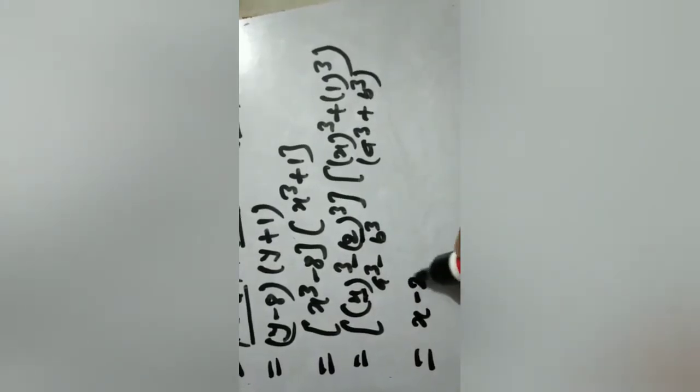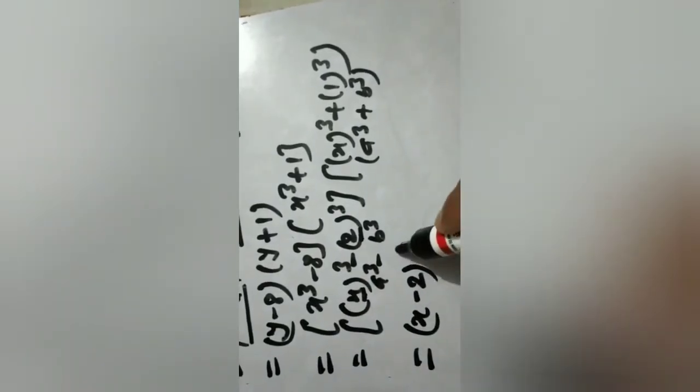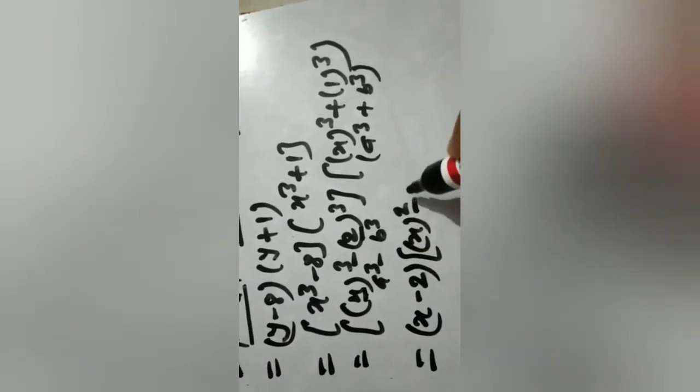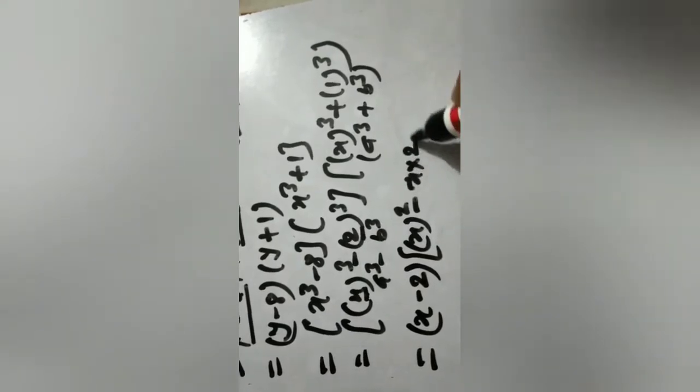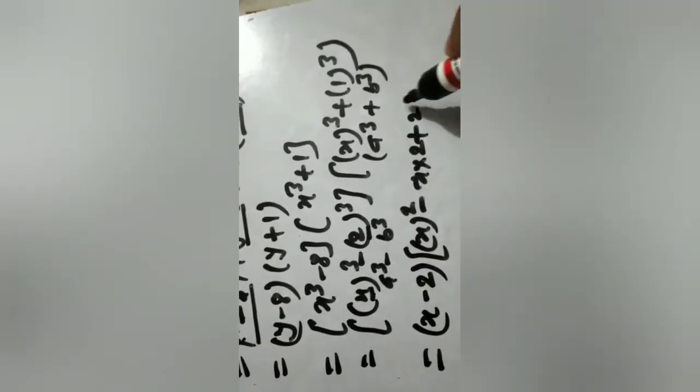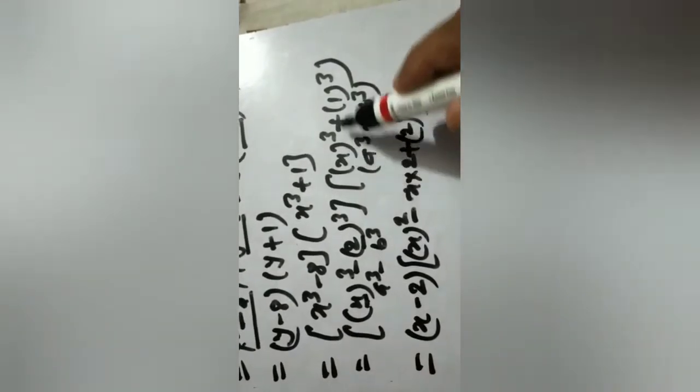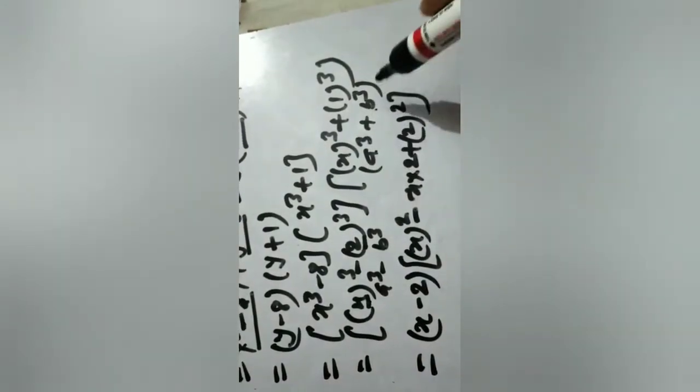So a minus b will be x minus 2, and a square, so x squared will be here, minus ab, a is x and b is 2, and then b square. And now you have to factorize this based on a cube plus b cube.